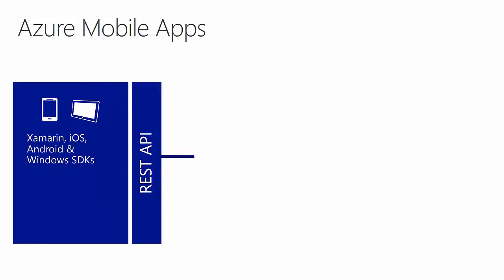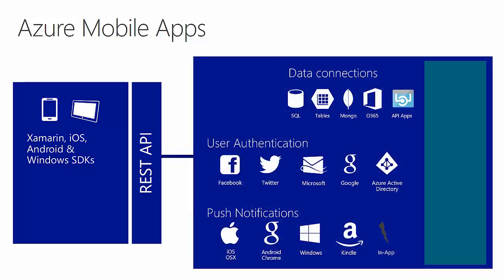So with Azure mobile apps, you start with an SDK, which enables you to develop the code that connects your Xamarin to your device, runs in your client, and it talks to the backend services through a REST API. And those backend services can include all kinds of things available in Azure, including your data connections, so the ability to connect to the SQL or Mongo or any of your custom API apps.